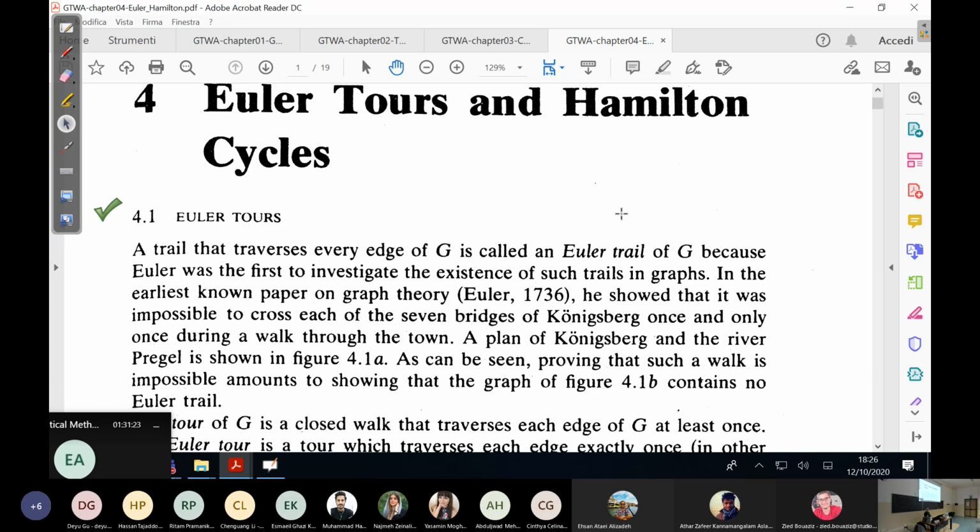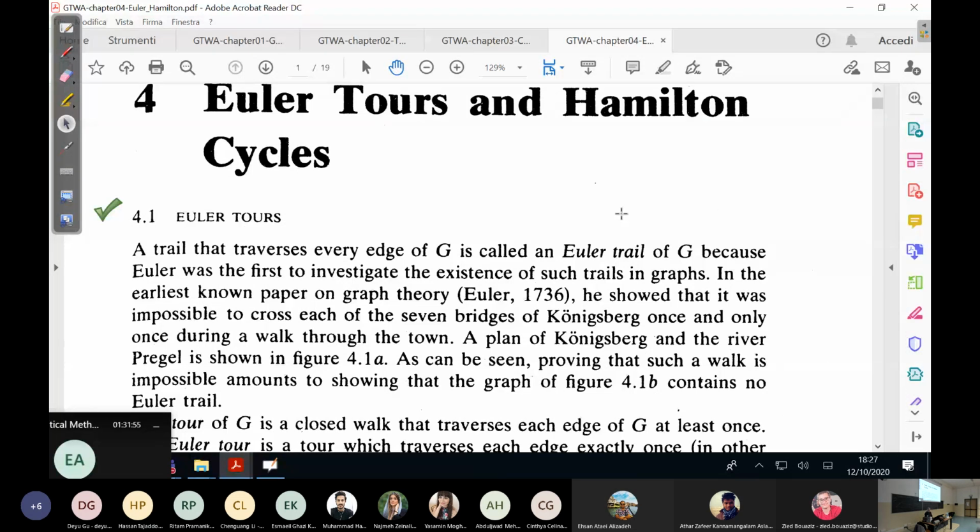And Hamilton cycles, which is the tougher part of this chapter, came out of a game that a friend of Hamilton, who was a very great mathematician, maybe you have found Hamilton in mechanics, asked him to invent to sell.